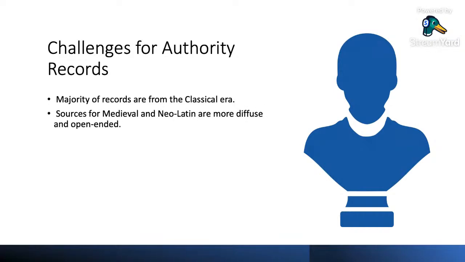With medieval and Neo-Latin authors, the sources are much more diffuse and open-ended, so it's an ongoing process to track down the various names of authors and editors associated with those works. And of course, gathering, cleaning, and processing the data is an arduous process that we are trying to make easier through automated scripts.